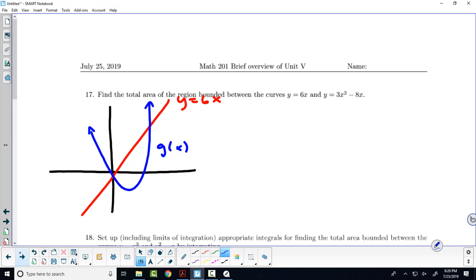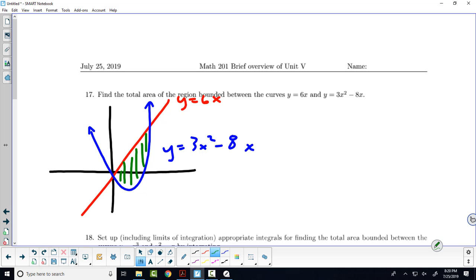Oh, sorry, we gave it a name. It's y equals 3x squared minus 8x. So what am I going to do? Well, I want to find this area right here between the shaded regions. I've actually got a couple of tasks, and I'm going to skip over one of them.